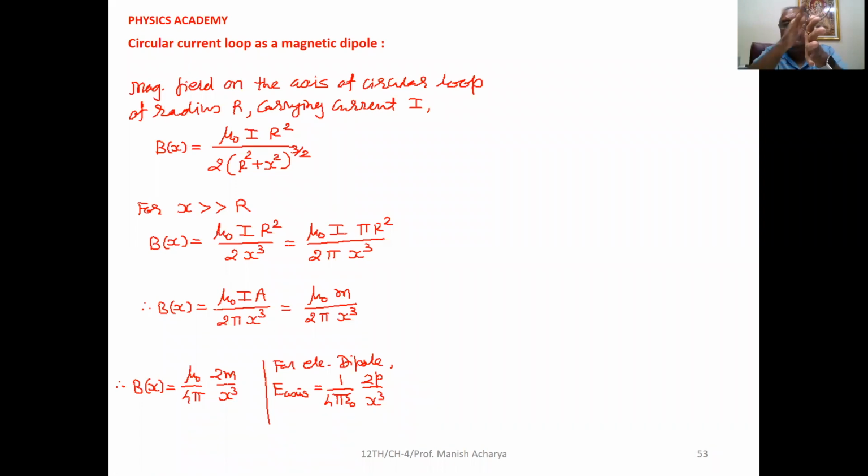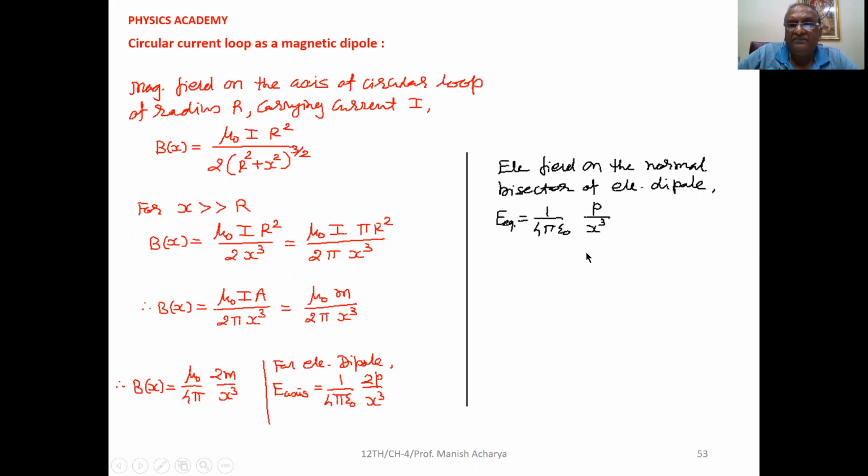Axis is perpendicular to the plane of the loop, and in the plane of the loop, so we can consider it as equatorial plane. Now see, in case of electric dipole, at any point on the equatorial plane, E equatorial plane, that is 1 upon 4 pi epsilon 0 p upon x cube.